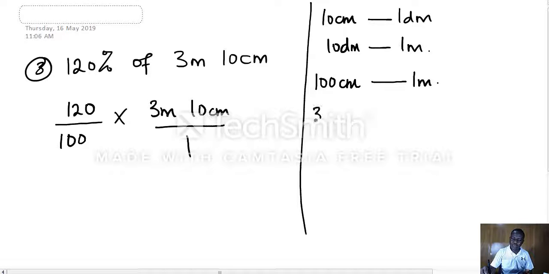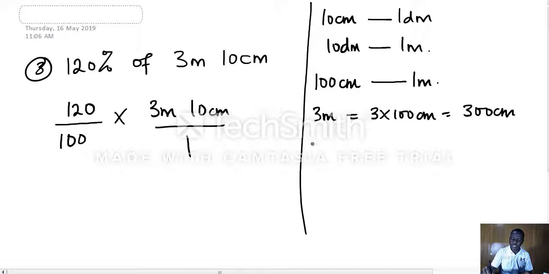So 3 meters will be equivalent to 3 times 100 centimeters, which is equal to 300 centimeters. So we'll now convert 3 meters 10 centimeters to centimeters.